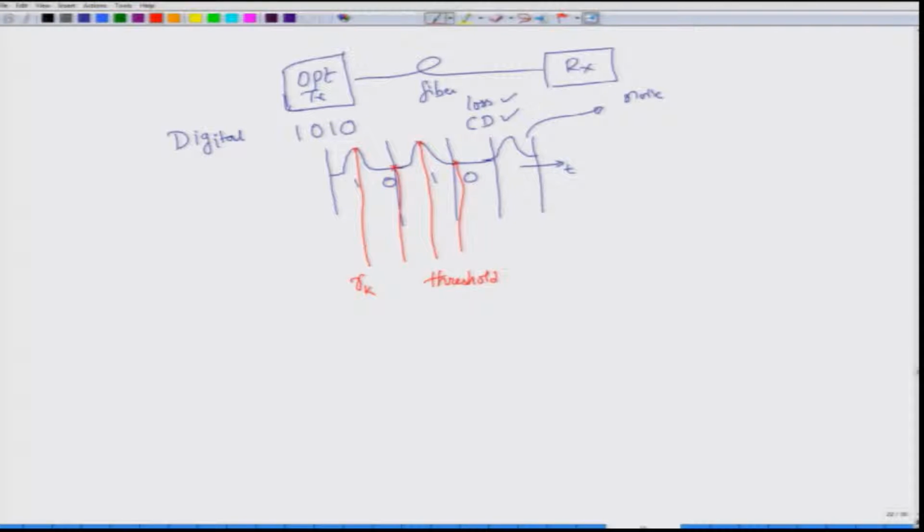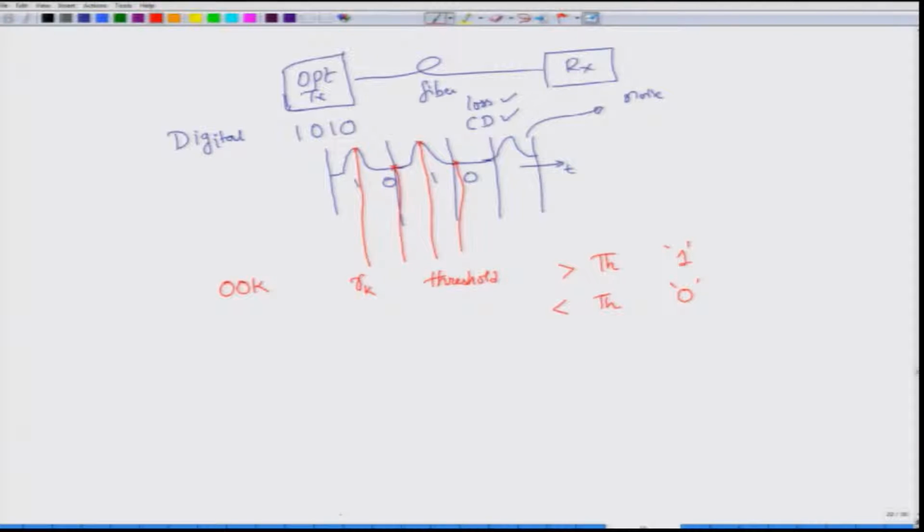If you assume that you are working with a simple on off keying system in which a bit 1 is represented by the presence of a pulse and 0 by no pulse, then if the value of the sampled signal, which of course will be the original signal plus some noise, is greater than a certain threshold, then you declare the bit as 1, and if it is less than the threshold, then you declare the bit as 0.